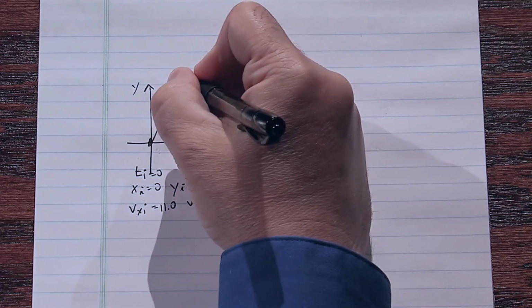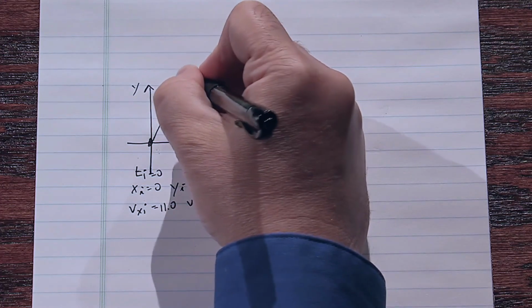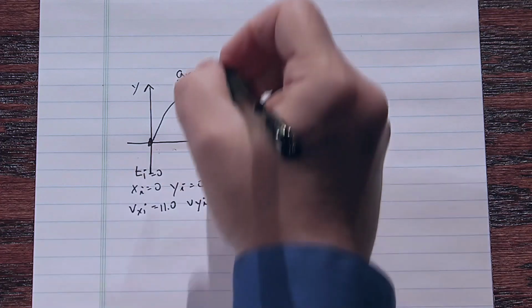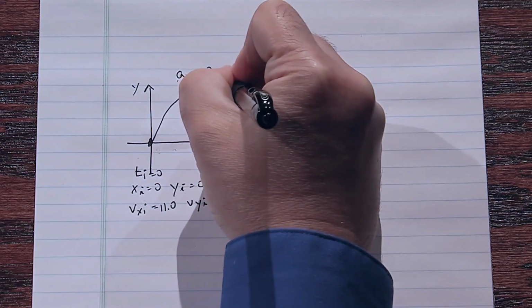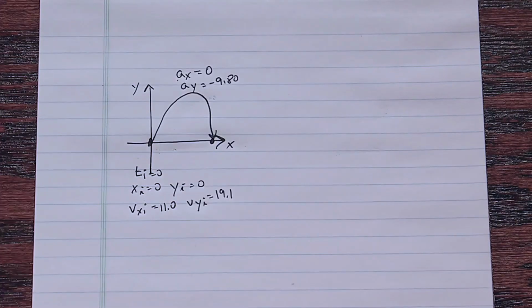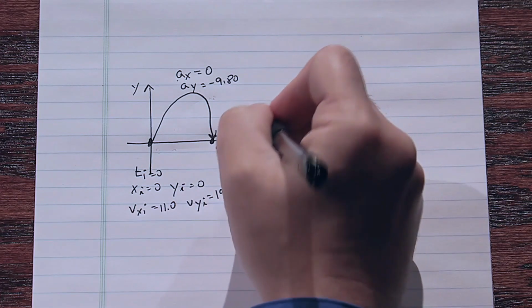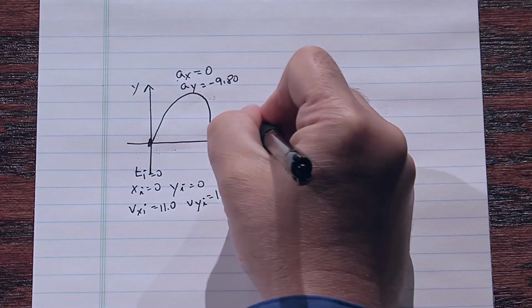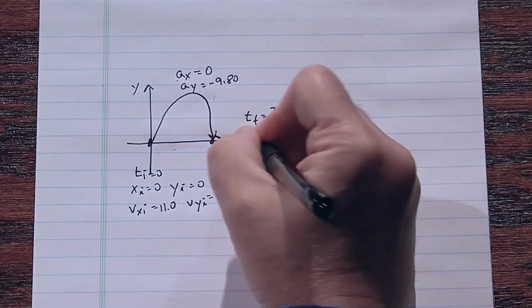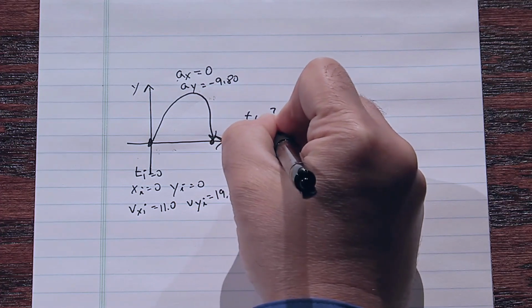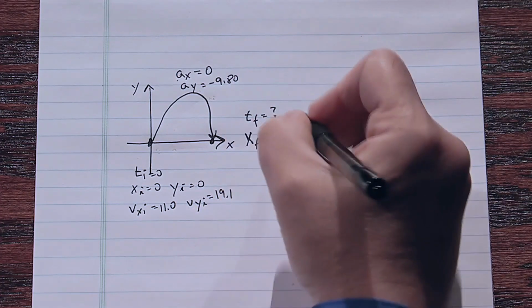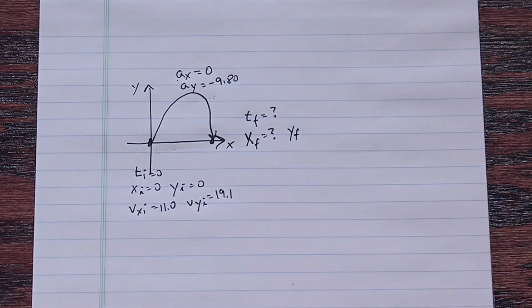We know that the acceleration, ax, is equal to 0. Ay is minus 9.80 because we're in free fall. Finally, we have t final, which we don't know, x final, which we don't know, y final, which we do know.